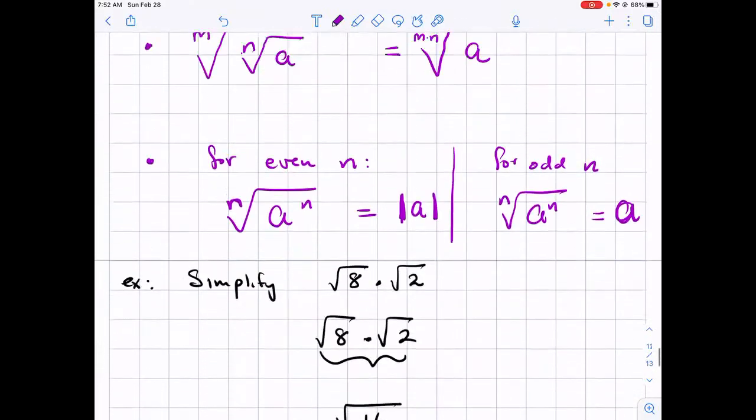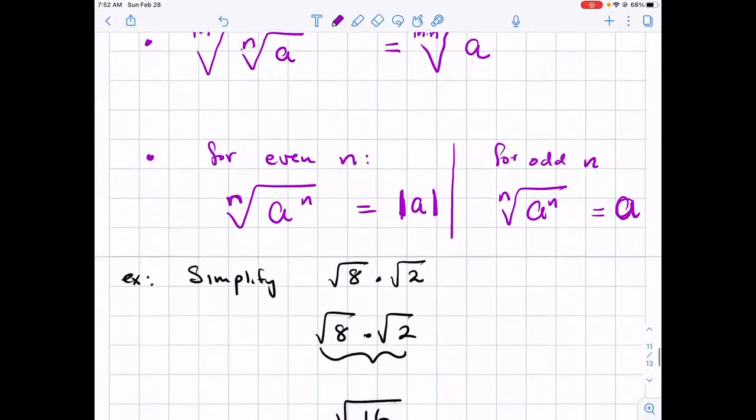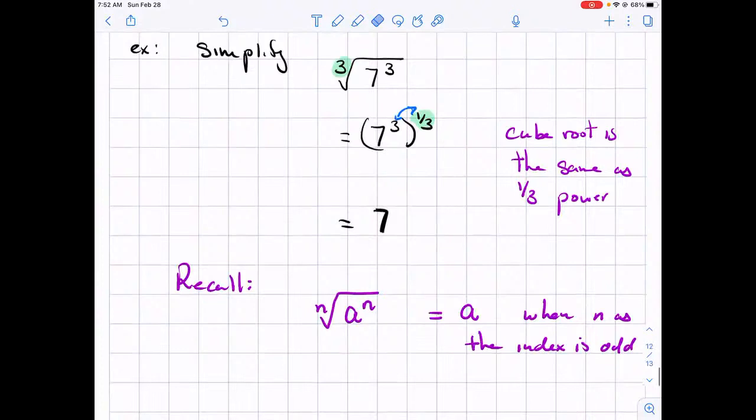I do have it there. That's why we get 7.